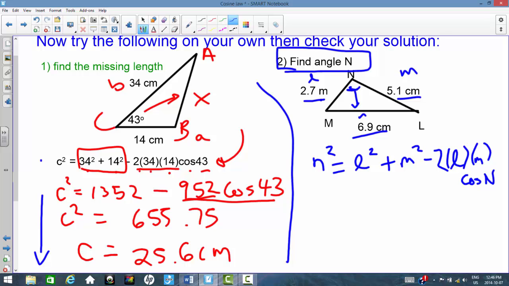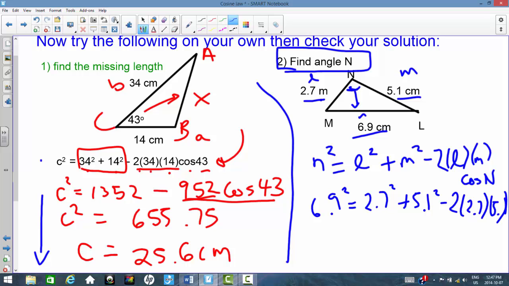Okay? Now again, I'm going to fill in all the information that I know. When I fill it in, I get 6.9 squared equals 2.7 squared plus 5.1 squared minus 2 times 2.7 times 5.1 cos n.